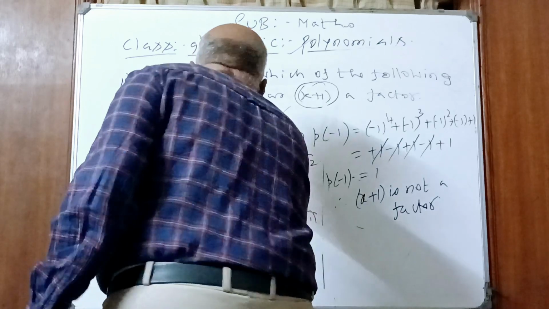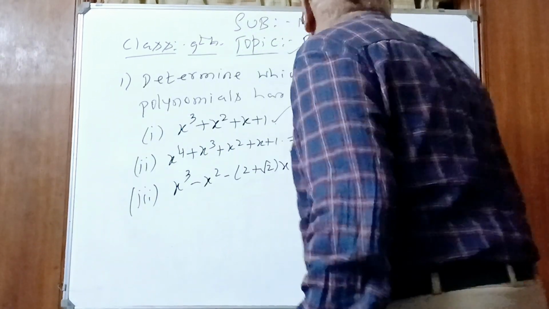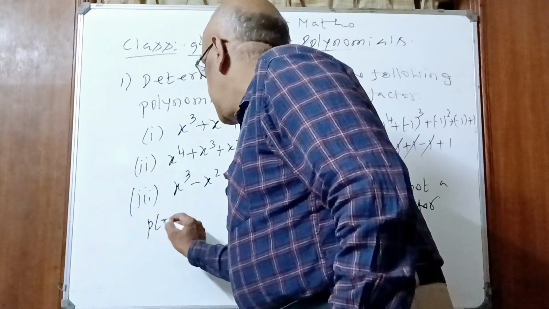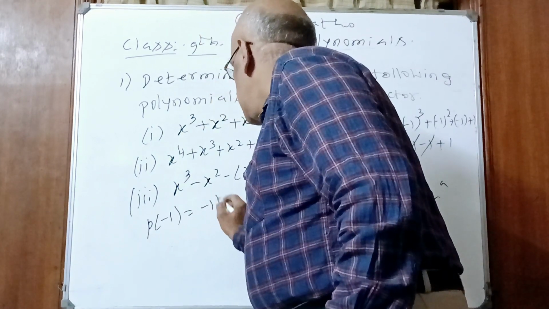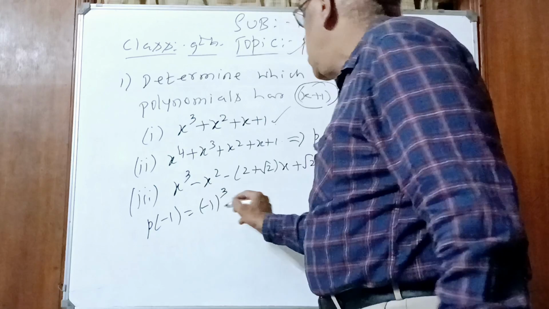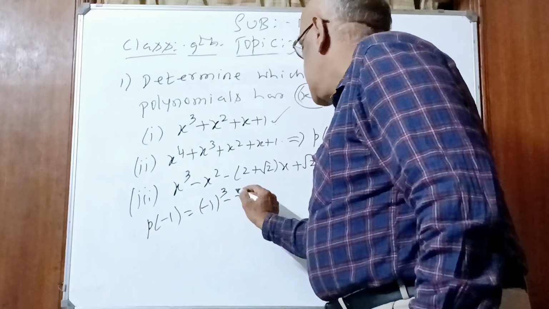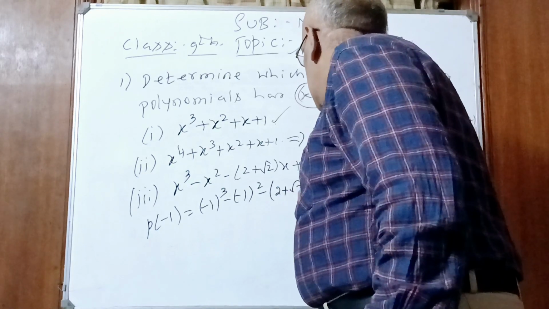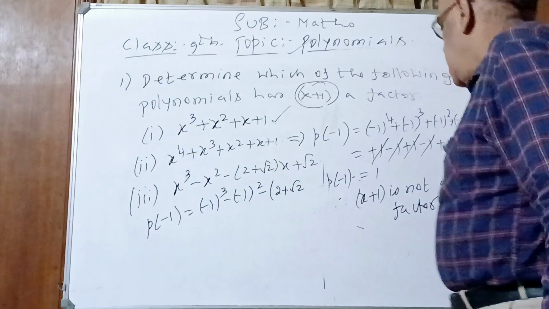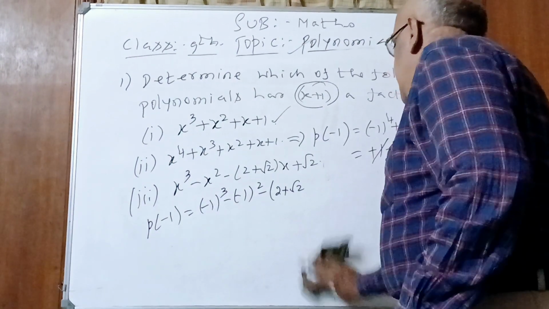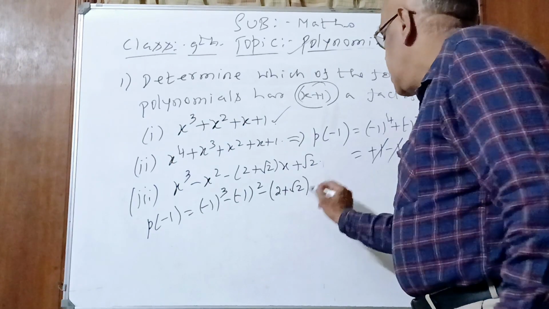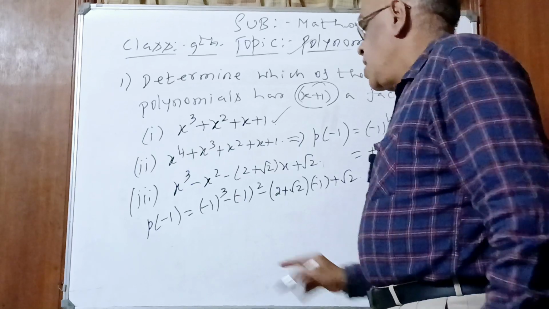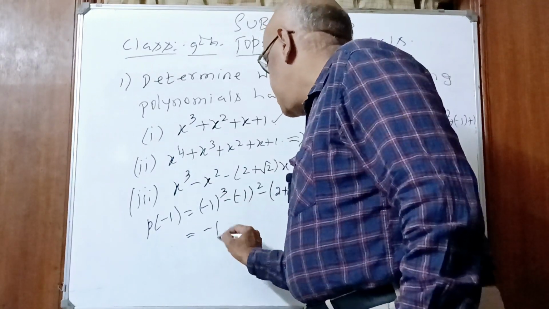We'll solve it here. We have to substitute: P of minus 1 is equal to minus 1 whole cube, minus 1 square, minus of 2 plus root 2 into x. What is the x value, children? Minus 1 plus root 2. Minus 1 cube is what, children? Minus 1.